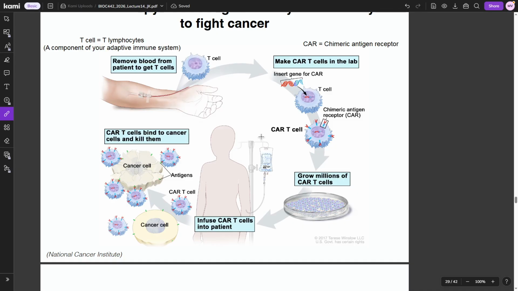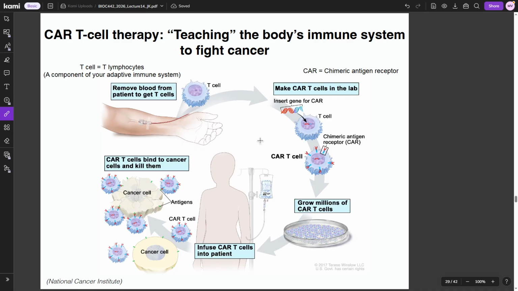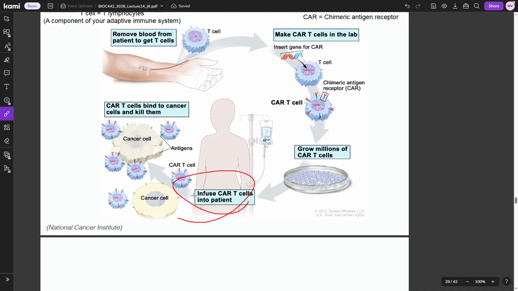Basically, what's happening here is that you're taking a T cell from a patient, and you are manually manufacturing T cells that have receptors for these cancer cells. So you take a T cell from that patient, you make these CAR T cells, so you insert genes that code for proteins from the cancer that you're looking at, and then your T cell will make receptors for that, and so you grow millions of these, and then you infuse these into the patient's blood.